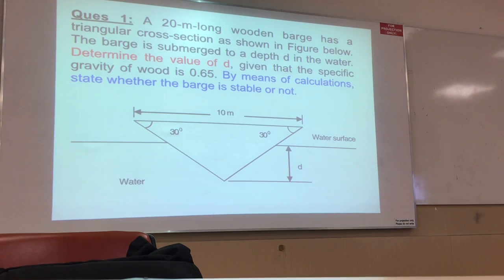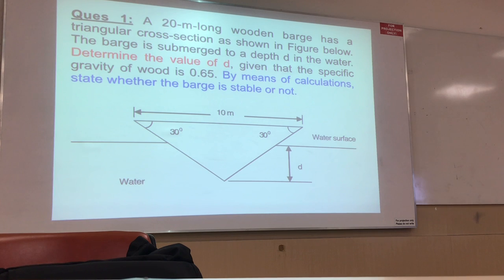The barrage is submerged to a depth D in the water. So this indicates the water surface. Okay? And the barrage is submerged D meter depth in the water. Determine the value of D.